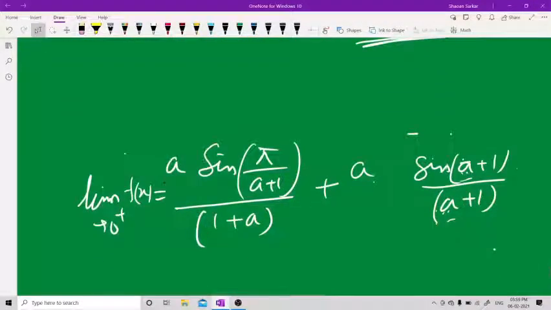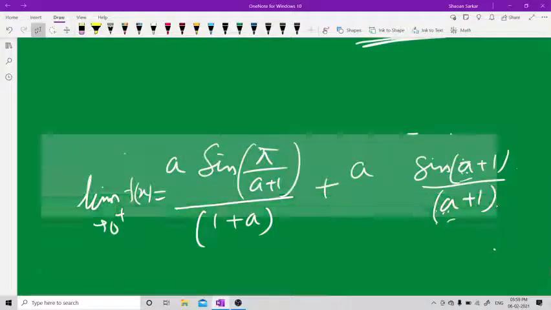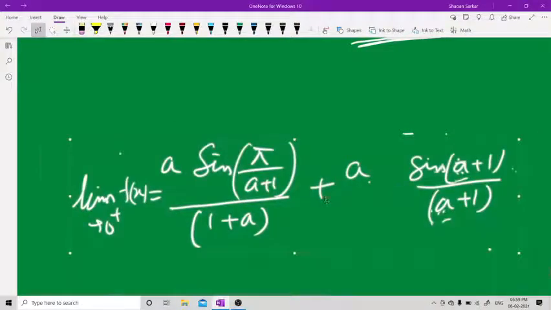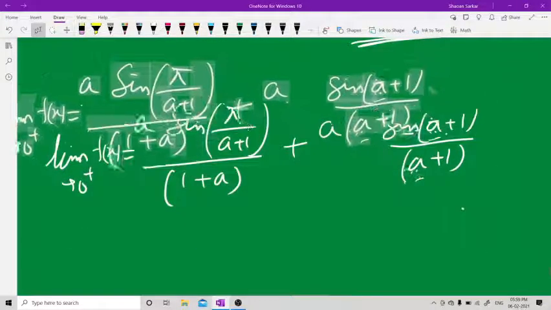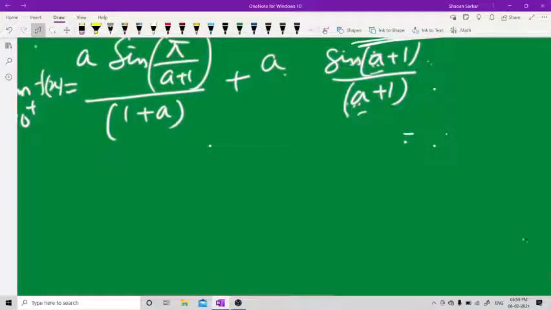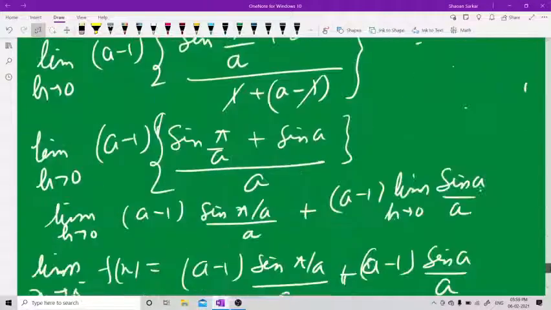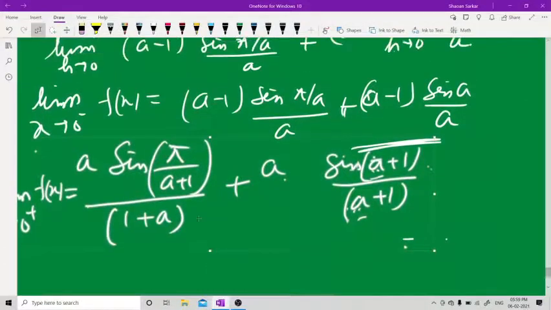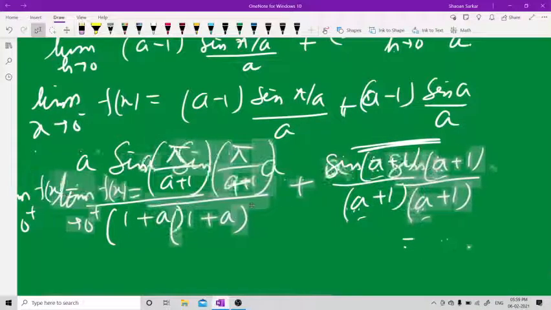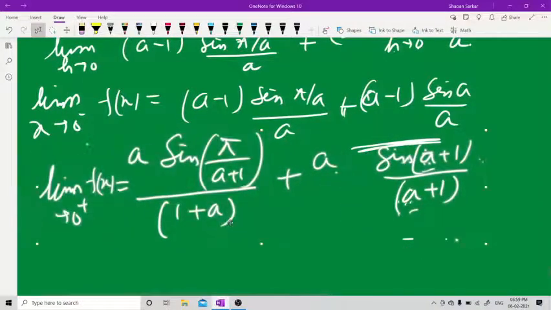Wait, I need to pick this portion again and bring it there. Let me compare things so that my comparison becomes a little easy. Let me shift it a little here like this.